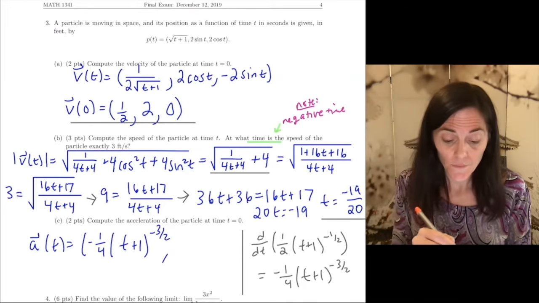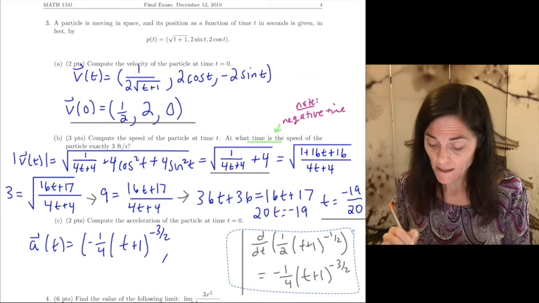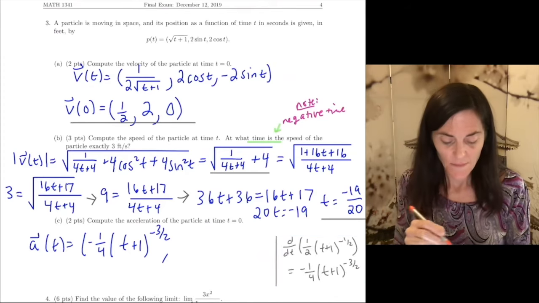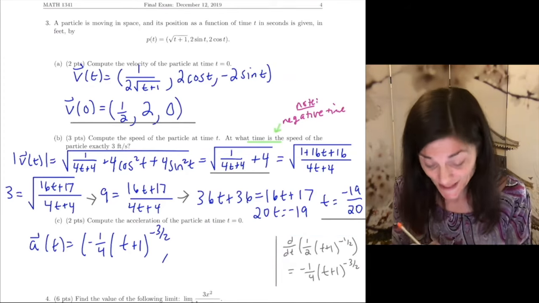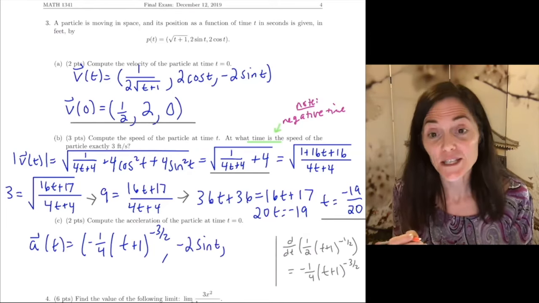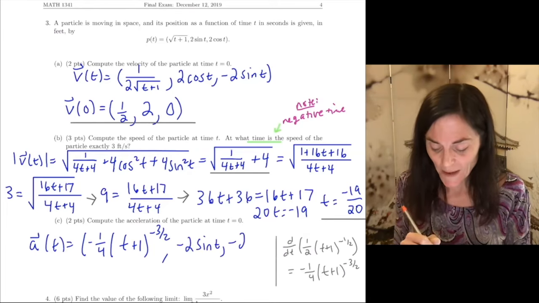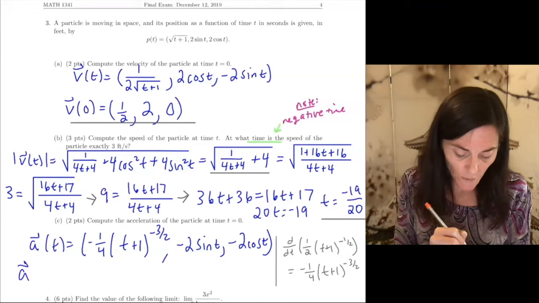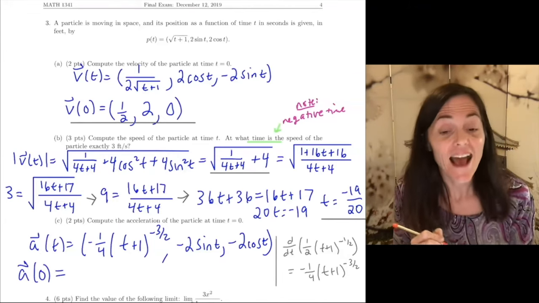And then we just differentiate. The derivative of cosine gives minus 2 sine, and we differentiate minus 2 sine, and we get minus 2 cosine. This is acceleration as a function of time. Now, what do we need? We need the acceleration at 0.